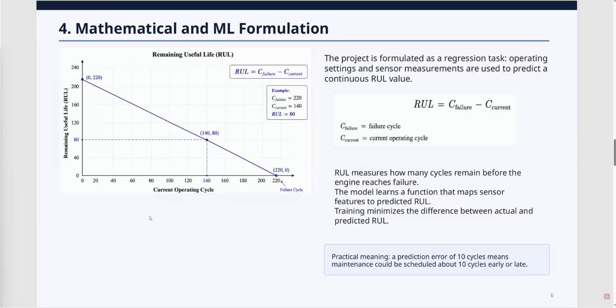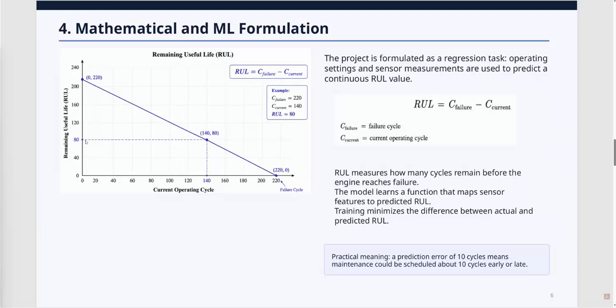For example, if the expected failure cycle is 220 and the engine is currently at cycle 140, then the RUL will be 220 minus 140, which equals 80 cycles.